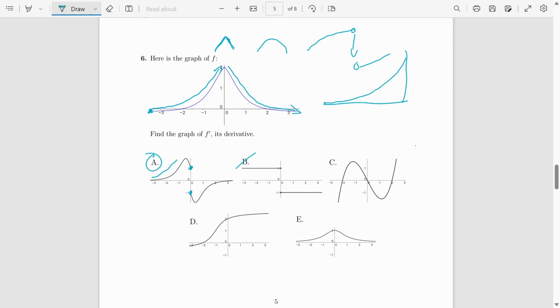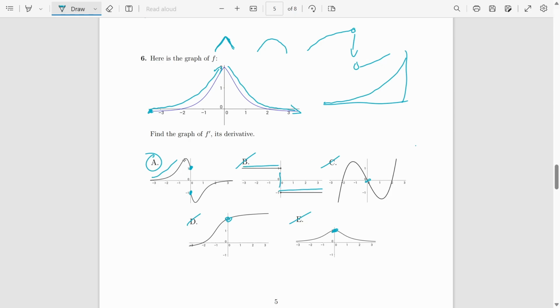All the others exhibit some property that we just said had to be there. C, D, and E all don't have that jump in the middle. They are all continuous there, so those are all out. And as we already said, B does have that jump. That's one thing it got right, but it's all flat, and that's not the case.